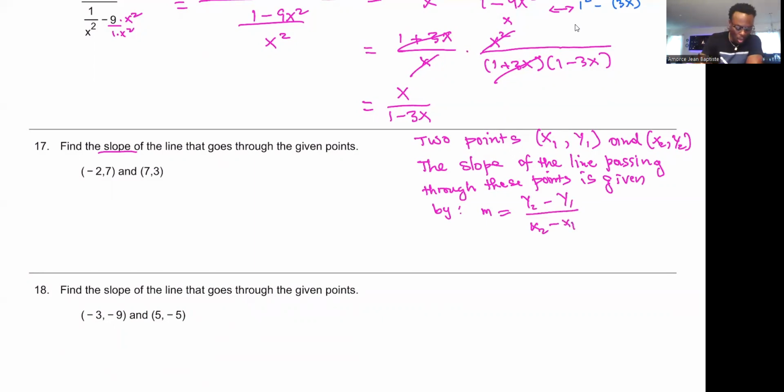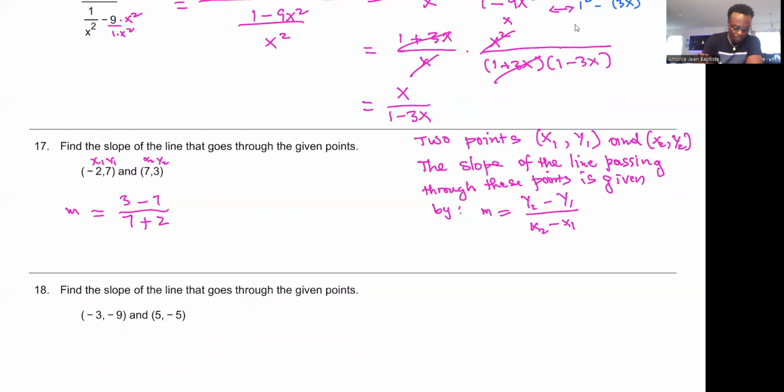Okay, so if I call this x1, y1, x2, y2, using the formula, m of the slope is y2 3 minus y1 7 over x2 minus x1, minus negative 2, and minus negative 2 makes it a plus 2.